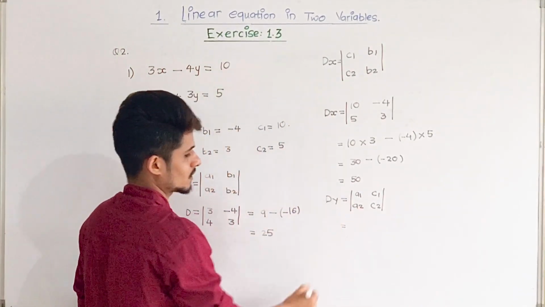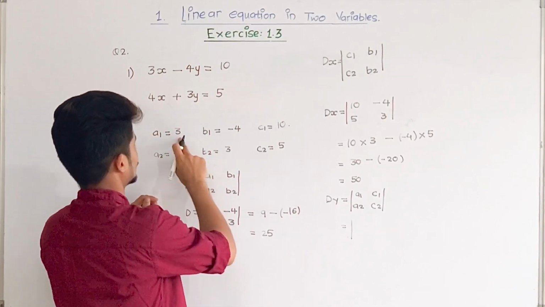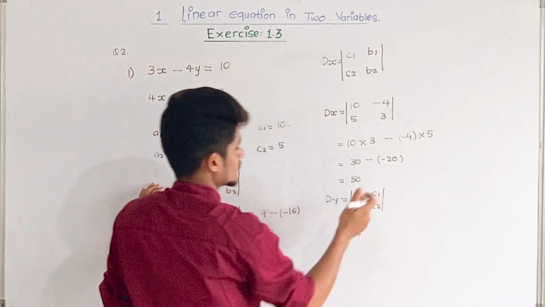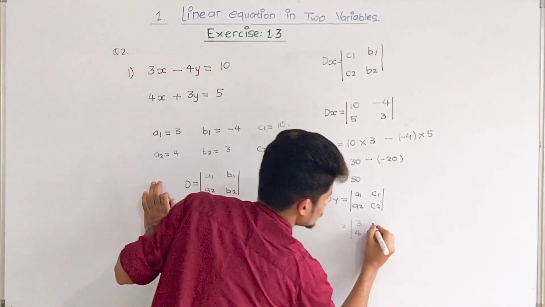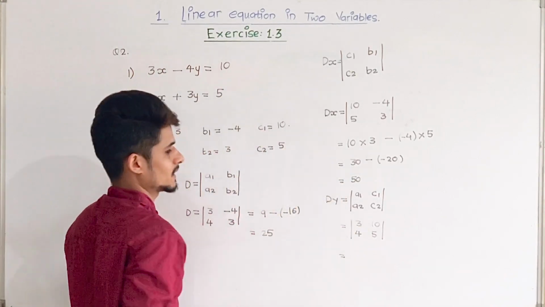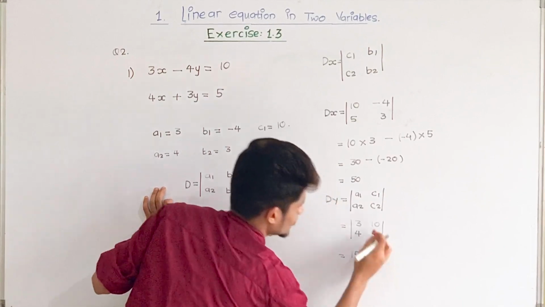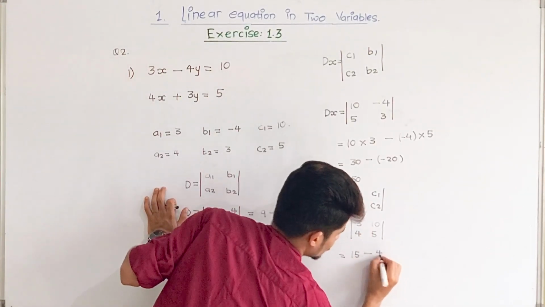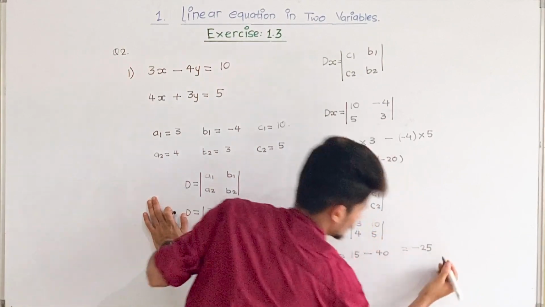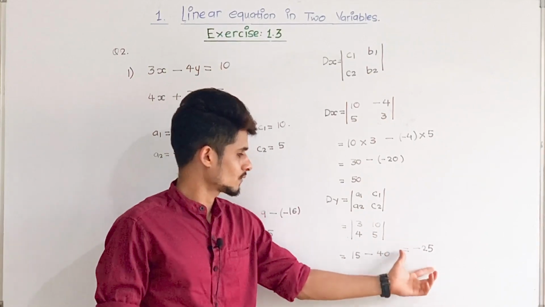So we'll substitute the values, that is a1, a2, c1, c2. a1 is 3, a2 is 4, c1 is 10, c2 is 5. We'll cross multiply and subtract. 5 3s are 15 minus 10 4s are 40. 15 minus 40 is minus 25. So this is the value of determinant of y.